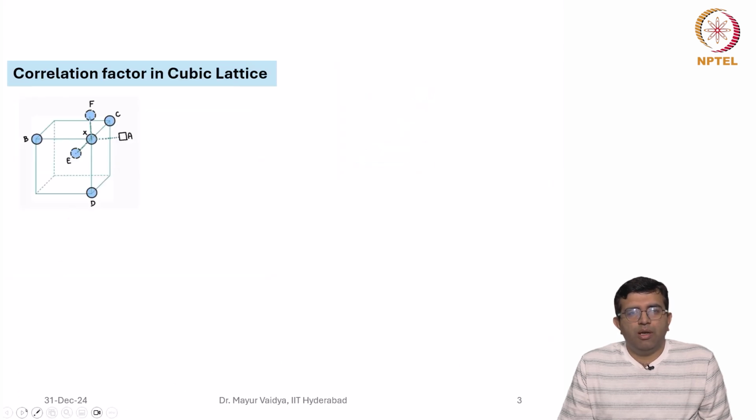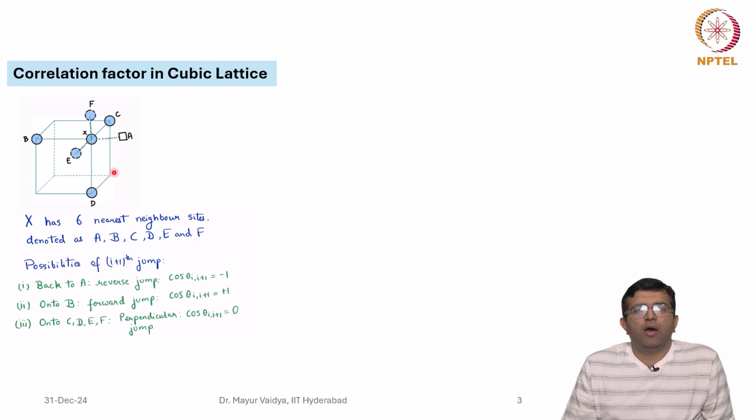I've drawn this figure again here. Now, the next jump can be in any of these 6 sites which are denoted here: A, B, C, D, E, F. So, there is a coordination number of 6 for the simple cubic lattice. So, this atom X can jump to any of these 6 sites.